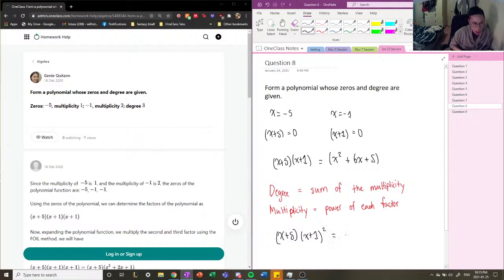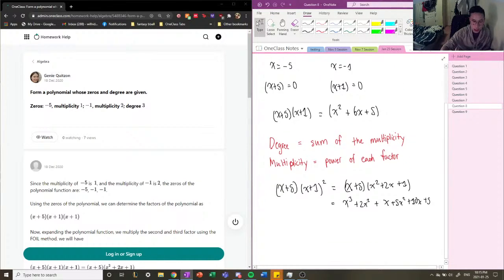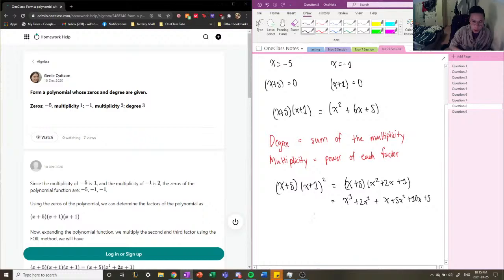If we were to expand this, we would get x plus 5 times x squared plus 2x plus 1. Expanding this further, we get x cubed plus 2x squared plus x plus 5x squared plus 10x plus 5. And when we simplify it, we get x cubed plus 7x squared plus 11x plus 5.